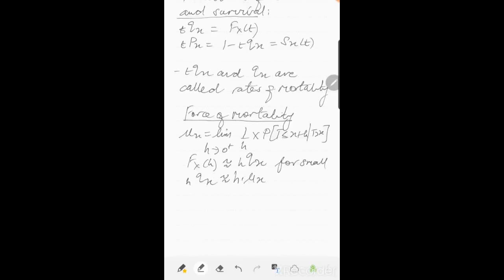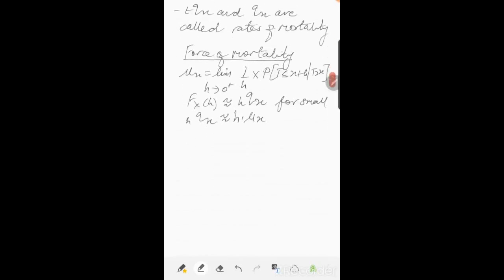Now we look at how we can define the force of mortality properly, for x greater than or equal to 0 and time t greater than 0.